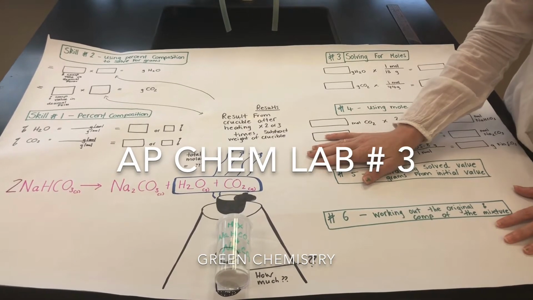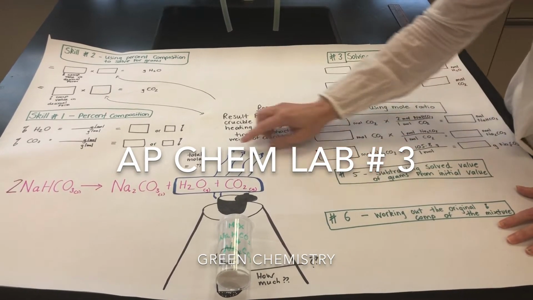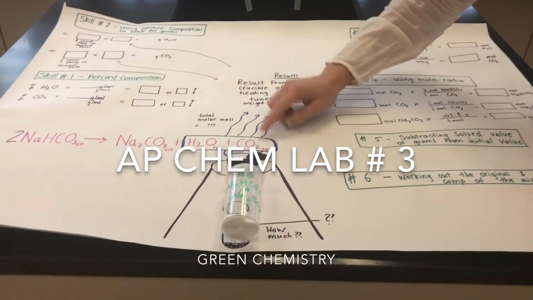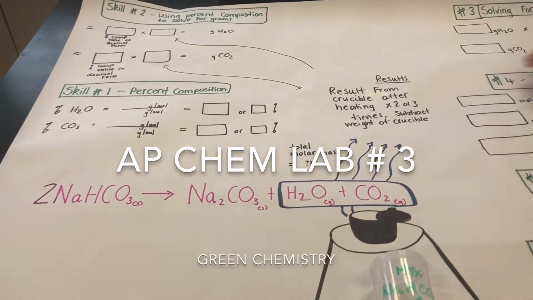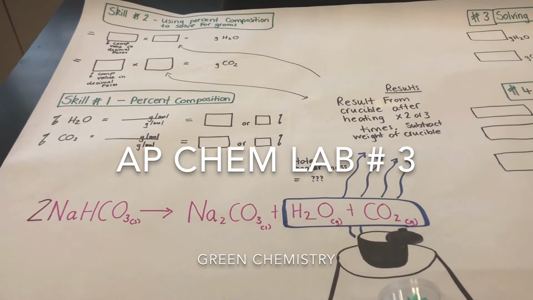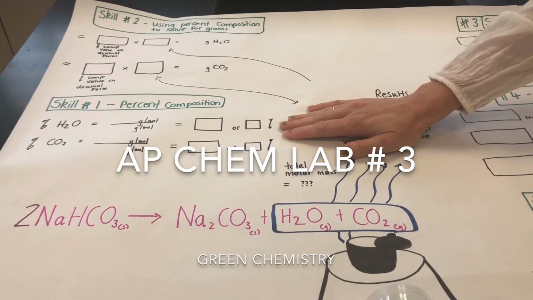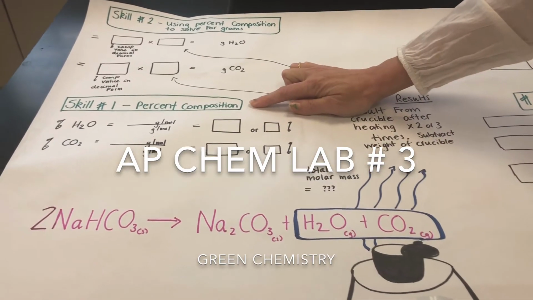What you will need to work out is the total molar mass of these two gases. You'll place that down here in your calculations at the bottom, and you'll need to work out the percent composition. You should have gone through this skill in class.